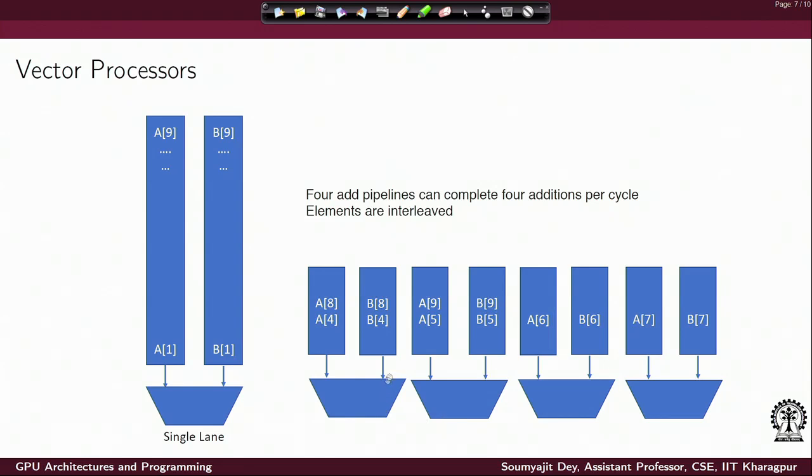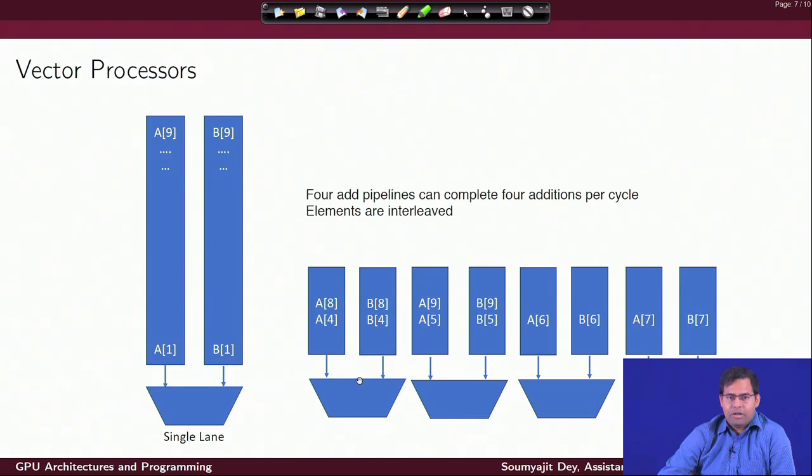So although I have a vector width of 9, the functional units present here are only 4. So I have some speedup, but of course the entire addition will not be a single cycle operation. It will take multiple cycles. In this case it will take fewer cycles than the single lane, but it will not get done in a single cycle.